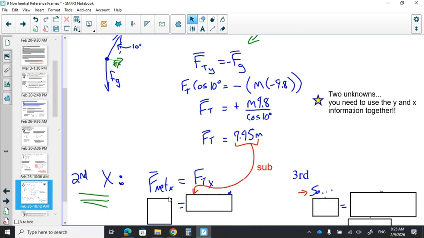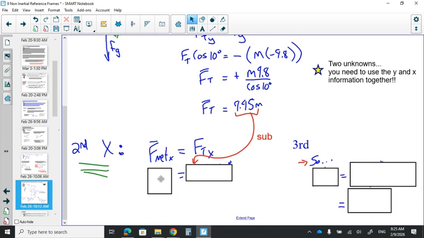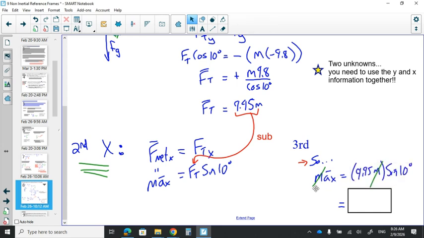So if you look at the net force in the x direction, then we have m times the acceleration in the x direction, and we know that's the x component, so Ft sine 10. When we combine those, basically we're doing substitution here. We're putting in the tension force, and so we end up with the masses canceling out. So it gives us the acceleration. It's just going to be 9.95 times sine of 10.